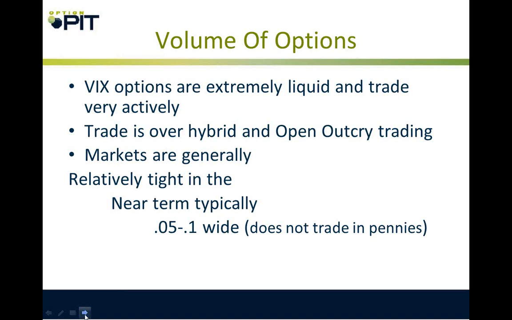All right. Markets are generally relatively tight in the near term. I typically see VIX spreads no wider than a dime going out multiple months. So the nice thing is they're super, super liquid.